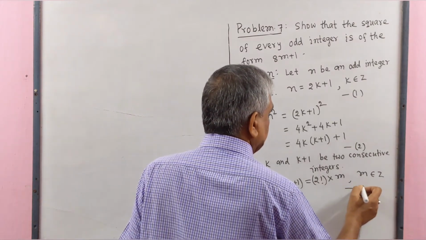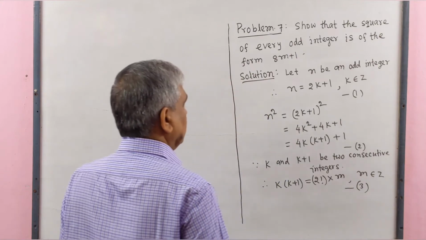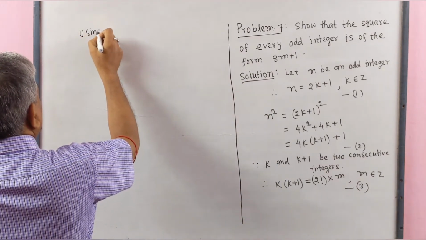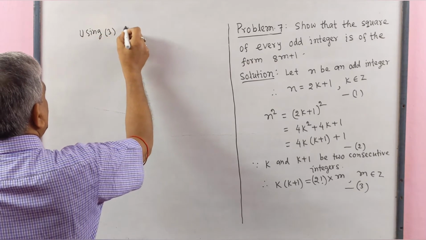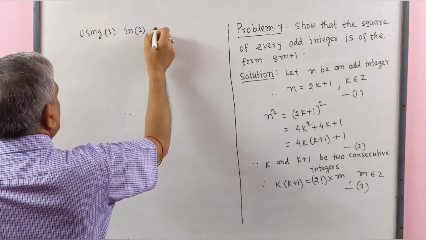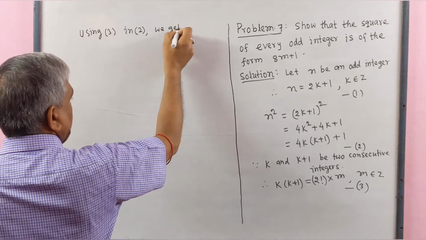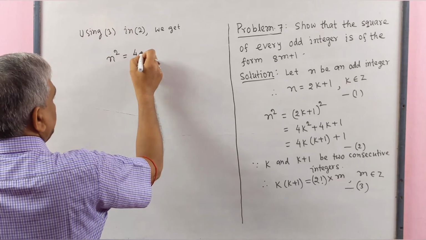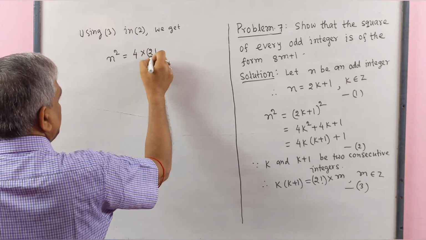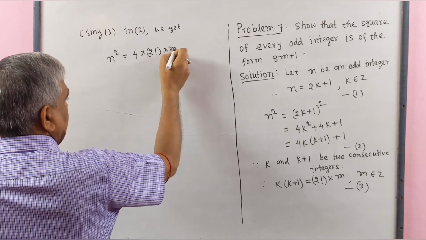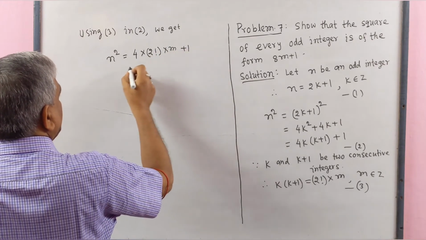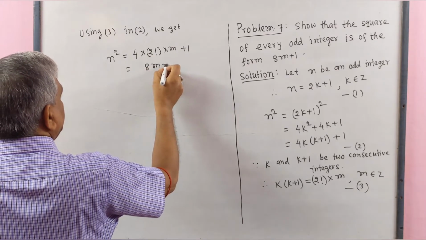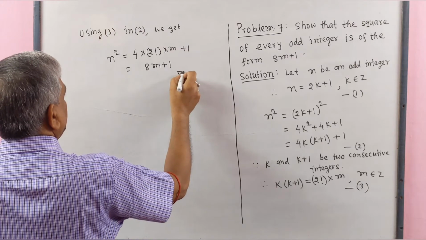This is number 3. Using 3 in 2, we get n square equal to 4 multiply factorial 2 multiply m plus 1. Factorial 2 means 2, that is 8m plus 1. Proved.